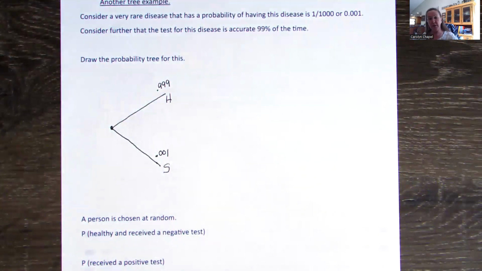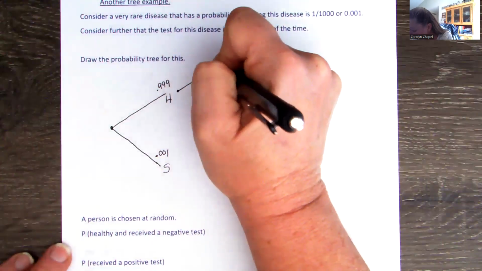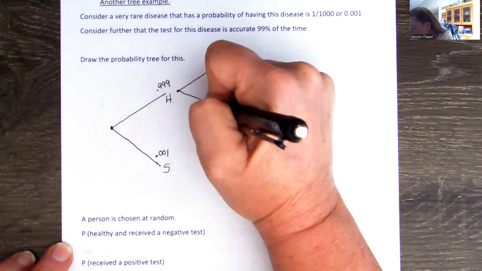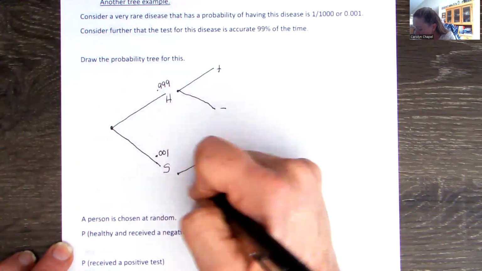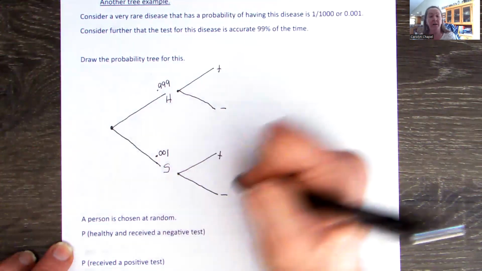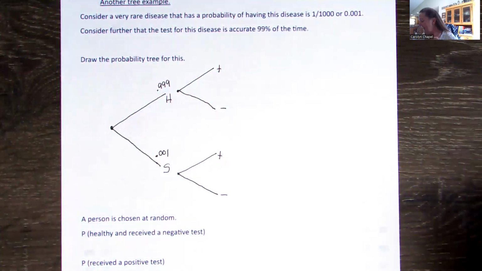All right, so now we go in and we take this test, whatever this test is. And this test is going to come back either positive or it's going to come back negative. A negative means, I take that back. Positive comes back positive, that means you're sick. A negative tells you you're healthy.